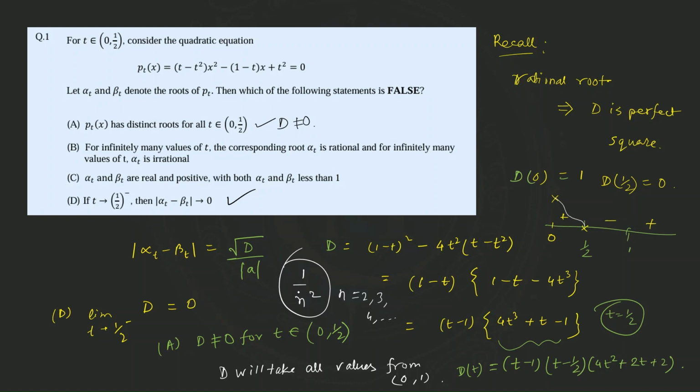And at that point, d will be a perfect square. So overall, the radical sign will be omitted. That means there are infinitely many values of t for which the corresponding root alpha t is rational, and for infinitely many values of t, alpha t is irrational. That means this B statement is also true.